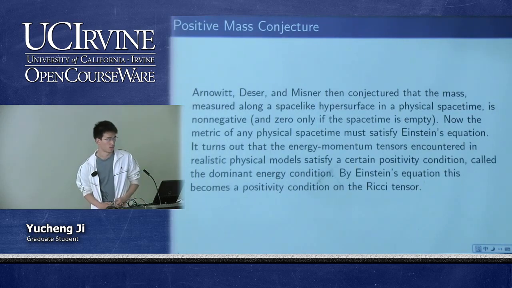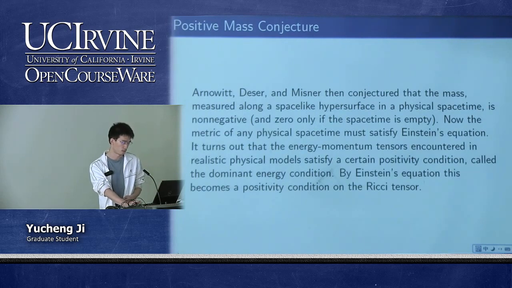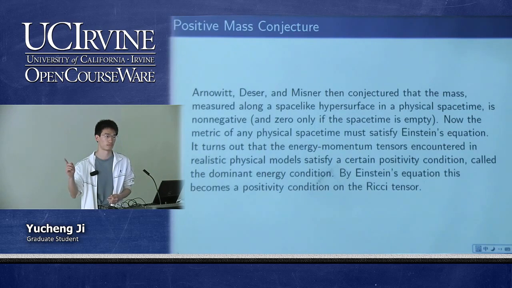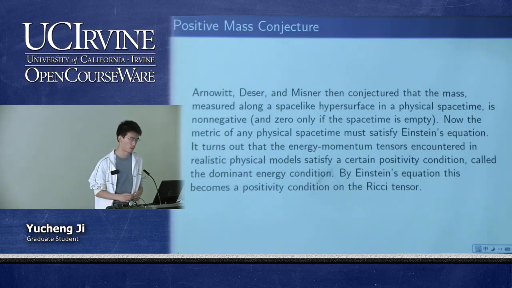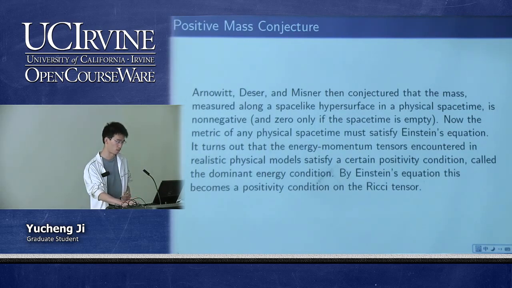It turns out that the energy momentum tensor encountered in real physical models satisfies what is called the dominant energy condition. In singularity theorems, this is also one of the conditions. And by Einstein's equation, if we contract the indices, we have the equivalent condition that the scalar curvature is non-negative.